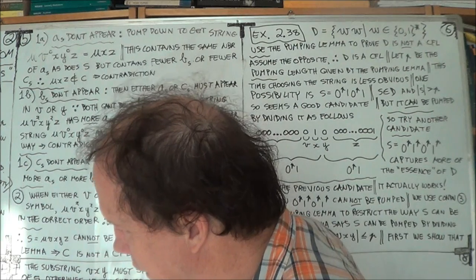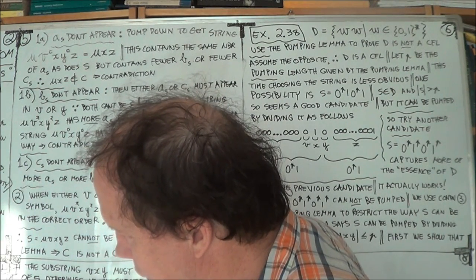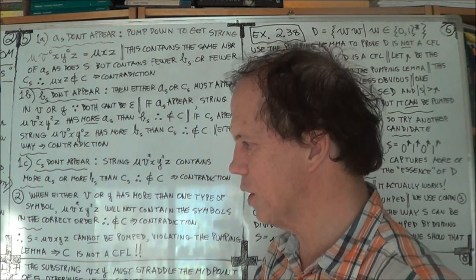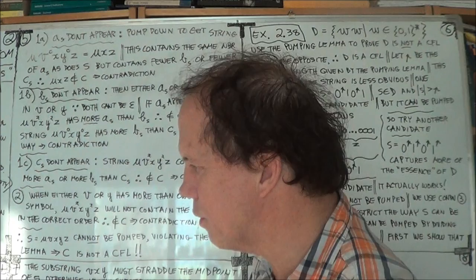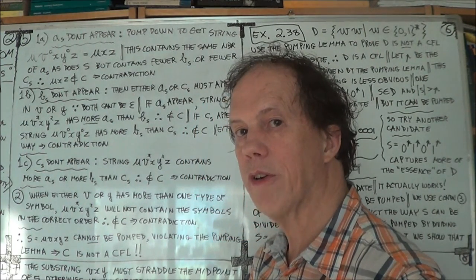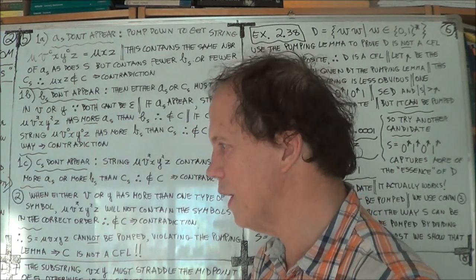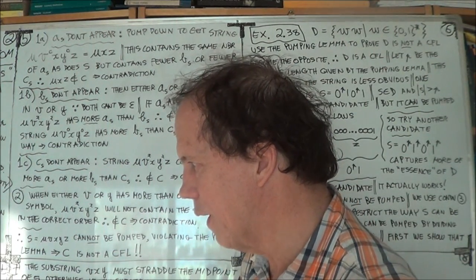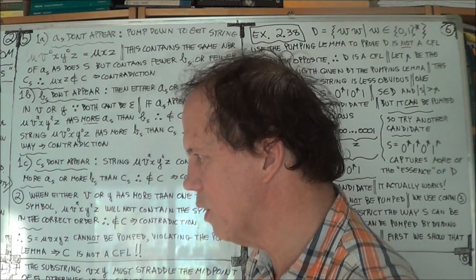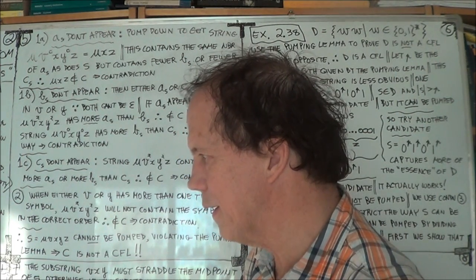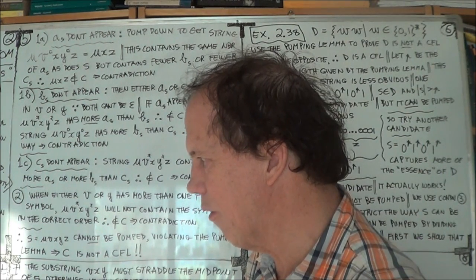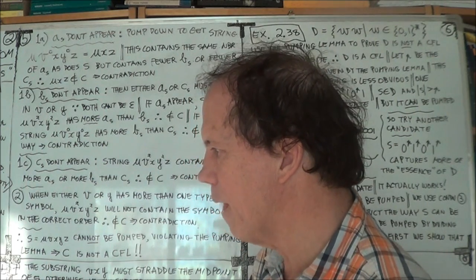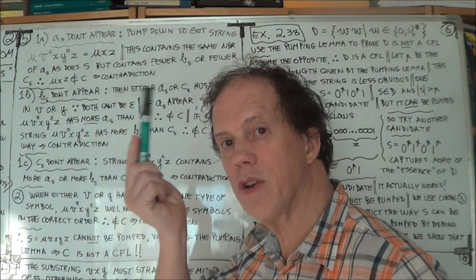So that's J. Now, if you go back to the previous session, J could be equal to I. We could choose a string, and we only have to choose one string that can't be pumped.